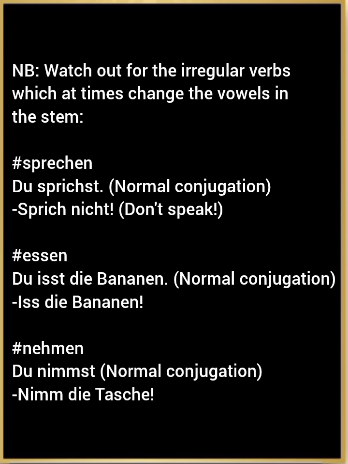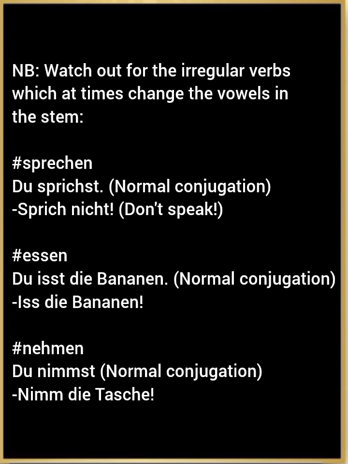Another one is eat the bananas. Normally it's essen. If you conjugate it in the du form, it is du isst die Bananen. If you remove the du and, in this case, only the t, I remain with iss. So it becomes: Iss die Bananen. Eat the bananas.